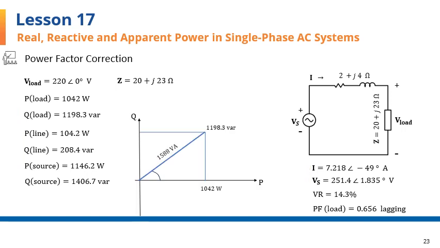The axes are the horizontal one for real power and the vertical one for reactive power. The way to construct this triangle, which is called the power triangle, is to mark the real power. I'm doing this for the load right now, for the powers of the load.